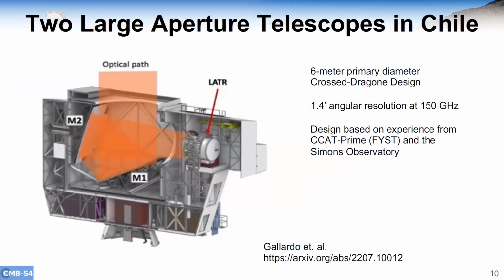The technical design for these is a crossed-Dragone design. Here are the angular resolutions that you get. And again, this is something that we know how to build, basically. There's a lot of experience from existing telescopes, such as from FYST and from the Simons Observatory.